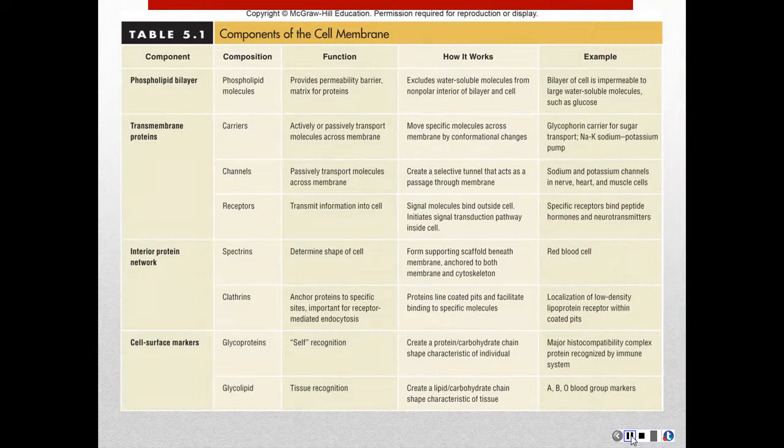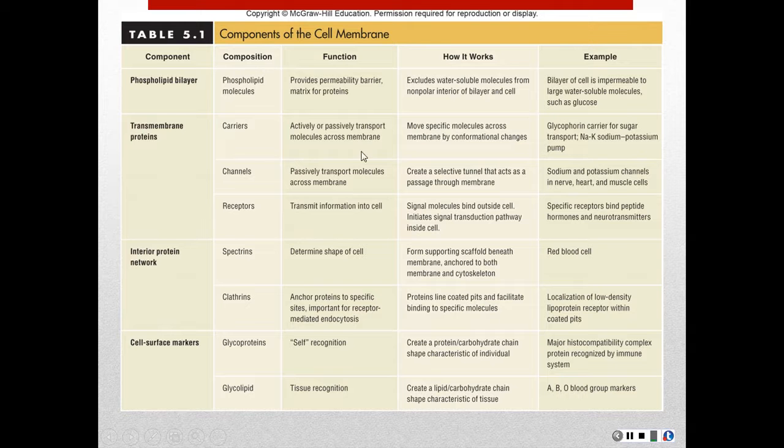Here we have a table, which is also found in your textbook on page 97, and it gives you the breakdown of the four components I just went over: the phospholipid bilayer, the transmembrane proteins, the interior protein network, and the cell surface markers. Here are the compositions of each.